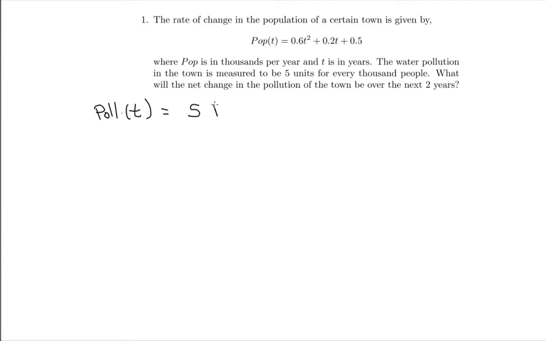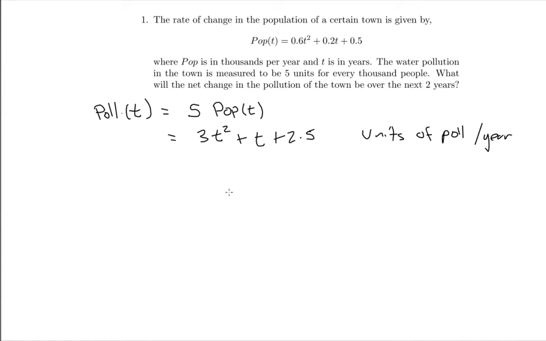So 5 times pop of t, and once I carry out that multiplication, that ends up being 3t squared plus t plus 2.5 units of pollution per year. So this is the rate of change of pollution.